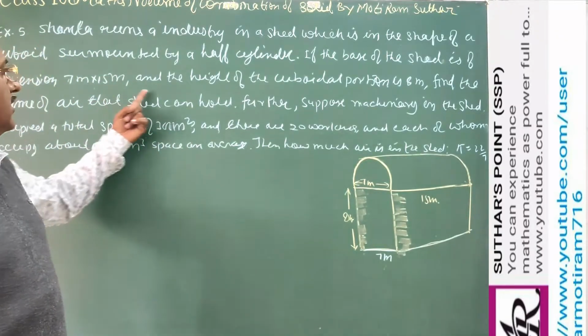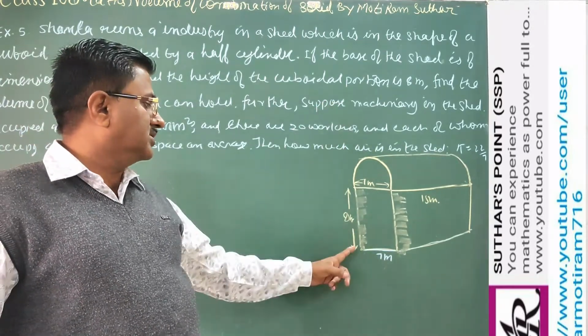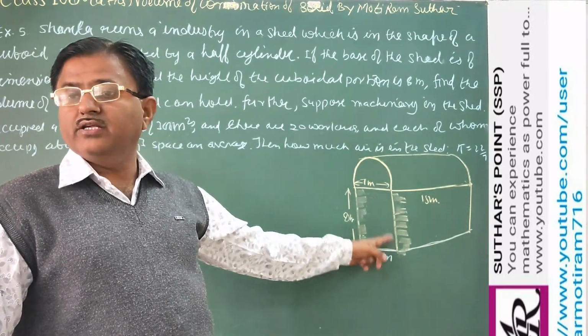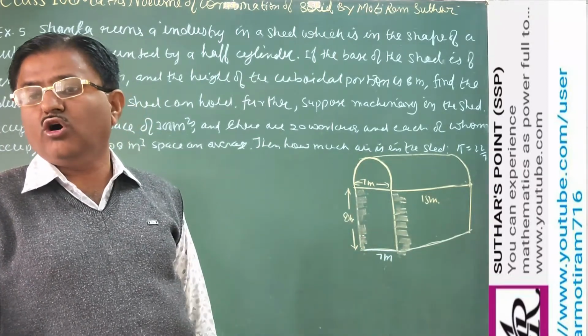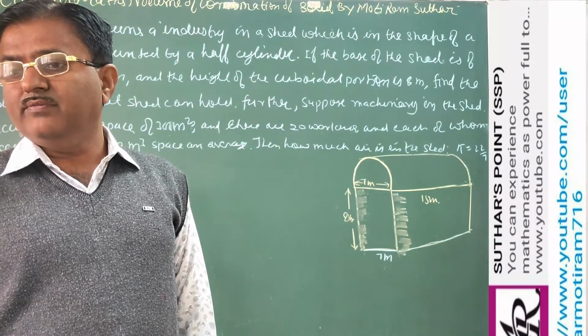Also we are given the height of the cuboidal portion, which is 8 meter. So all three dimensions of the cuboid are given.